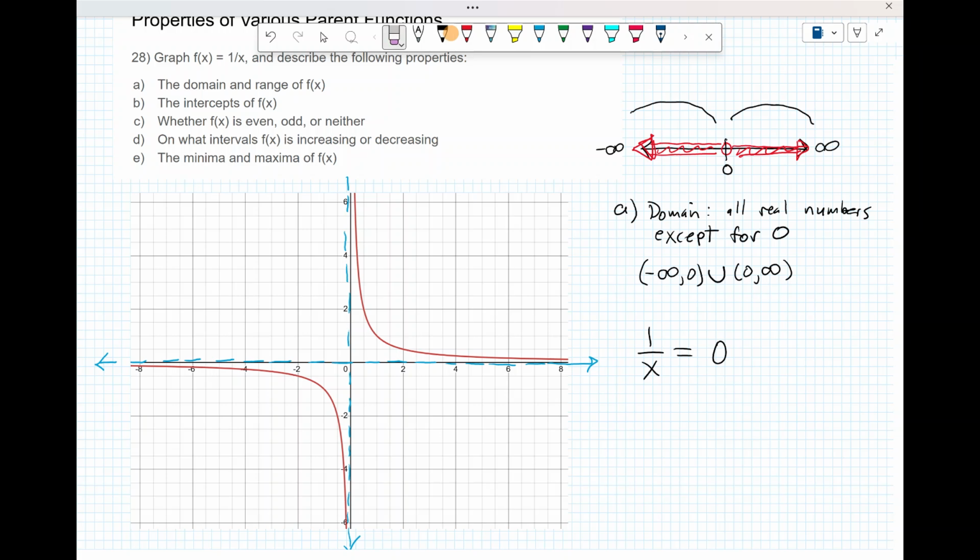No matter how big I choose x to be, I'll never get 1 divided by x equal to 0. So similarly, my range is all real numbers except for 0, and I'll just express that in interval notation, and it will be the exact same as the domain.